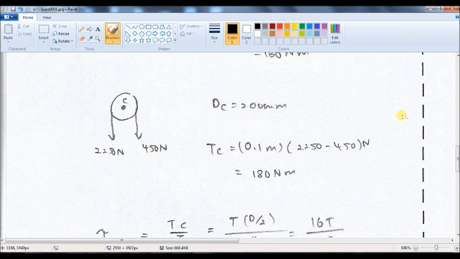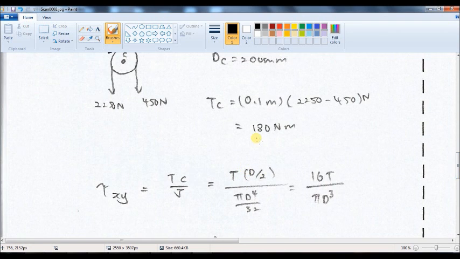In a similar way, we have the tight side of the belt here and the loose side of the belt here, so the pulley will rotate in this direction. The diameter of pulley C is 200 millimeters, so the radius is 0.1 meter, times the resultant load, again equals 180 Newton meter.